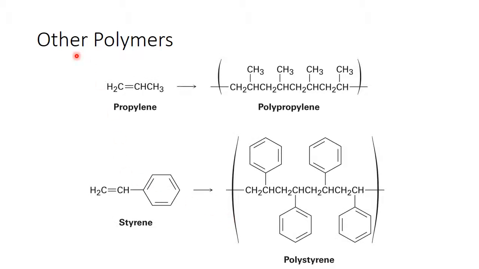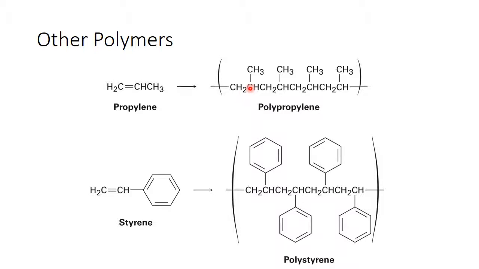And we can do this with other alkenes. That was polyethylene by taking ethene or ethylene and polymerizing it together. But I can take propylene, this is also called propene, and I can cause it to be polymerized. Notice, here are the two carbons in the double bond, and attached to one of the carbons is a methyl group.